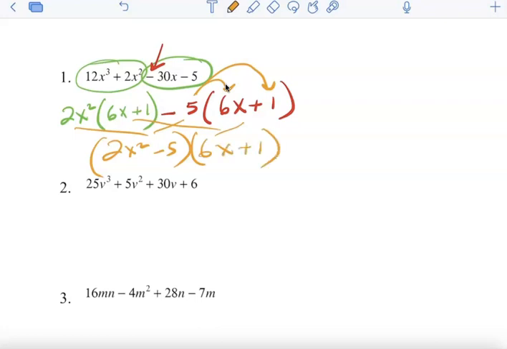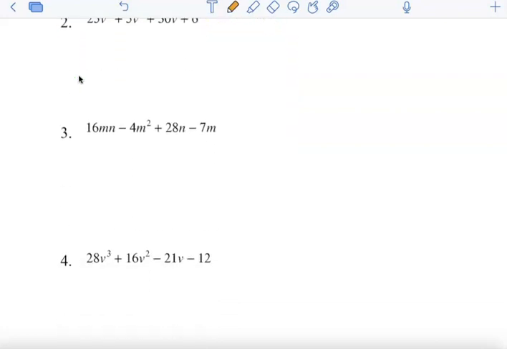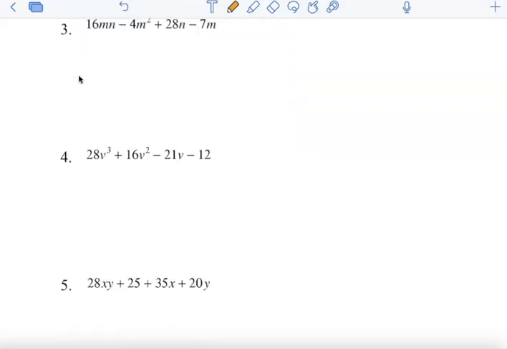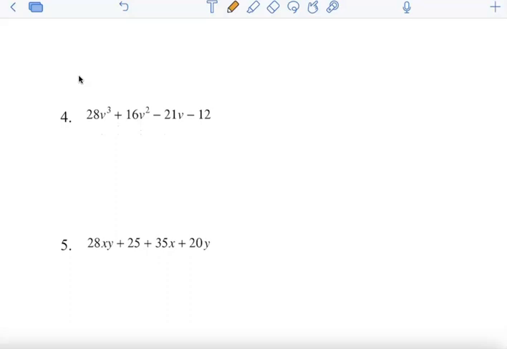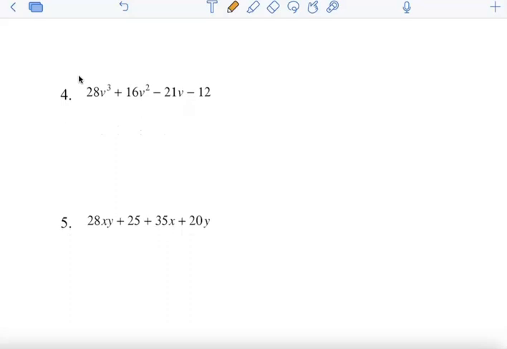Okay, so 1 more grouping, because I think you're probably tired of grouping. Let's try this one. First 2 together. So what do they have in common? They have a 4v squared common factor, so that leaves me with 7v plus 4.